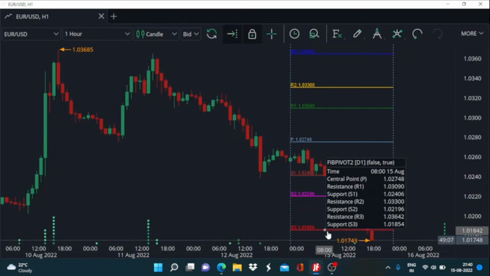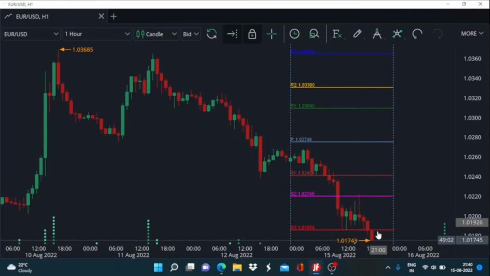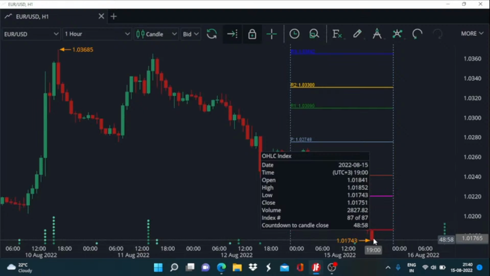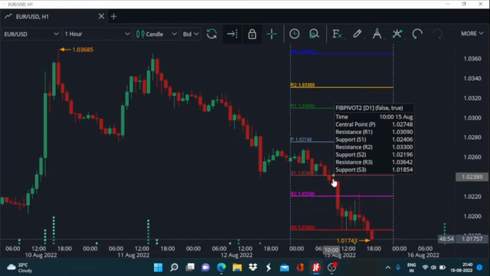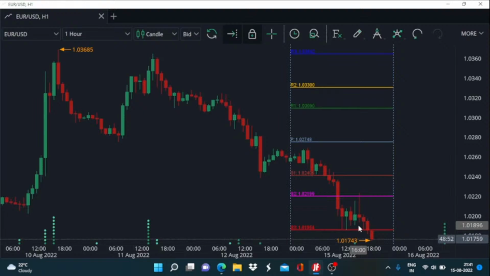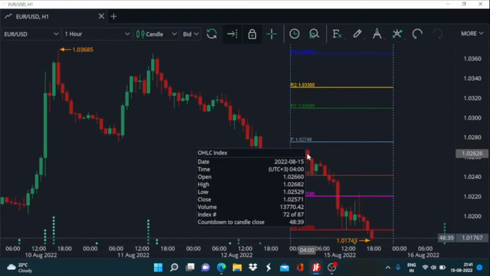Then we had some support consolidation closer to the third support of the day, and even now that has given way, and we are still seeing this bearishness. So the trend has been bearish, and we are seeing that the support levels are also not holding in today's session. That means the trend is quite strong, and if we were short closer to this central point in today's session, we would have been sitting in a large amount of profit.